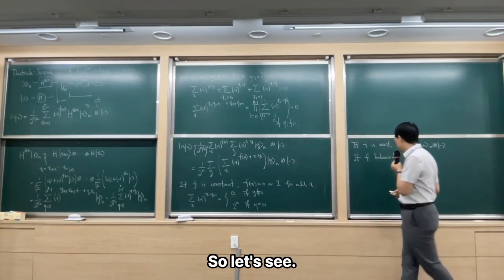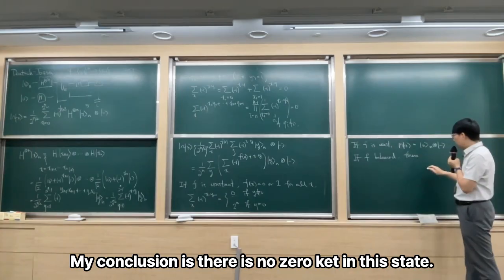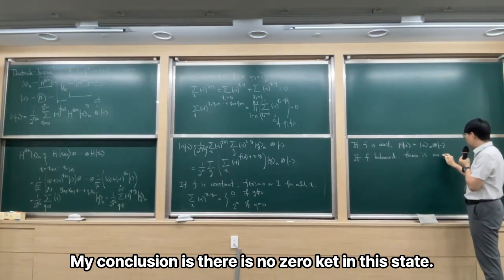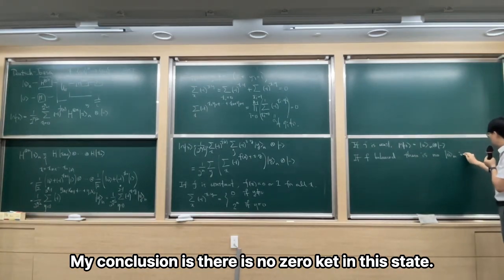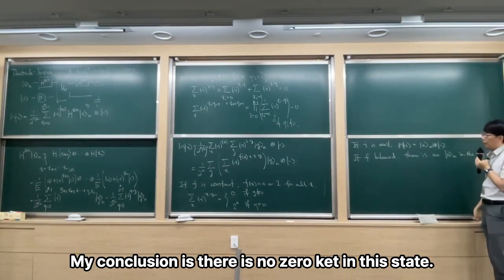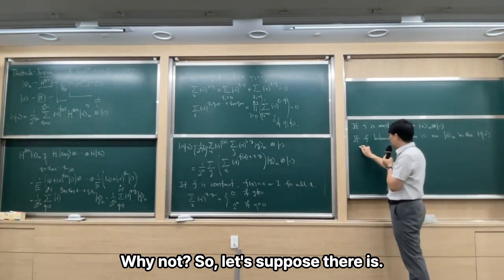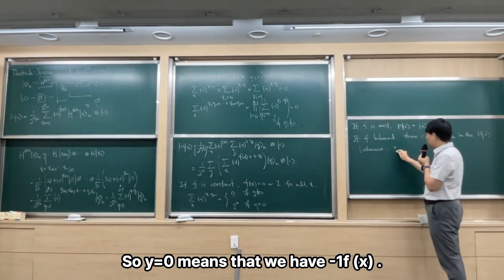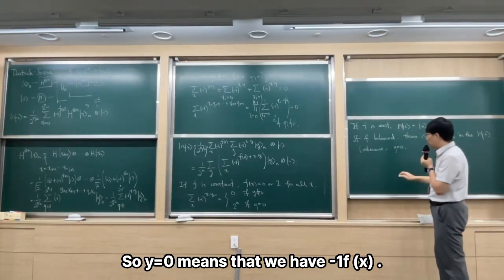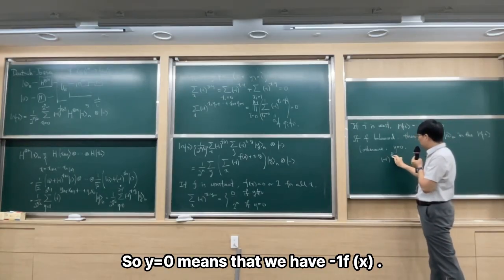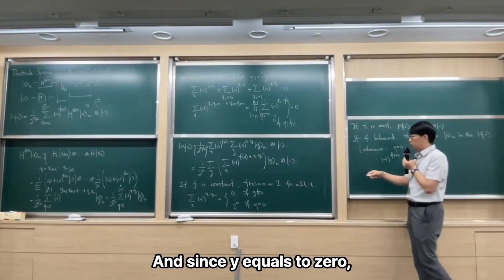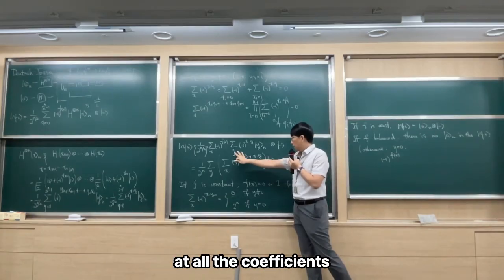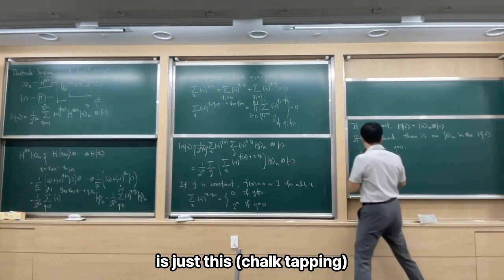So let's see. My conclusion is there is no 0 ket in this state. Why not? Let's suppose there is. So y equals 0 means that we have (-1) to the f of x, and since y equals 0, all the coefficients are just this.